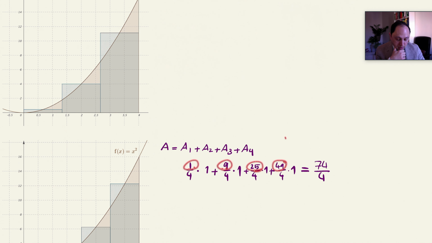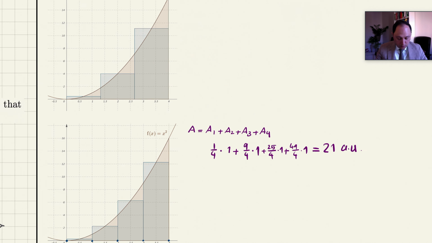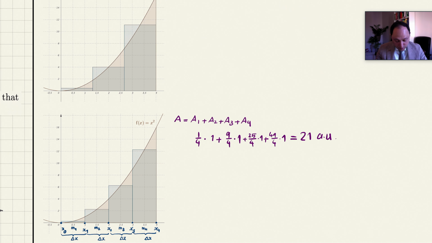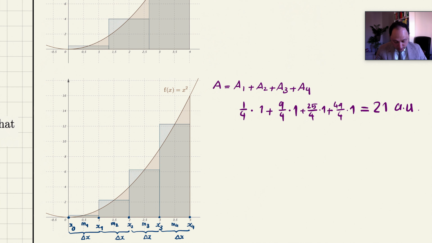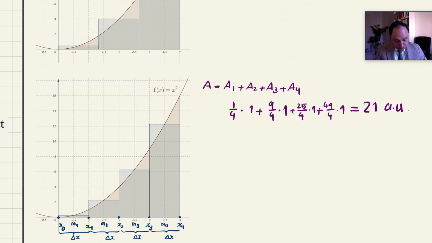I consider this 50. 50 and 35 is 85. Yeah, I did it correctly. So this becomes 21 area units. Yeah, my calculation, I think it was correct, but thank you for helping me. It's very good to watch my calculations because sometimes I write something wrong. I realize later.